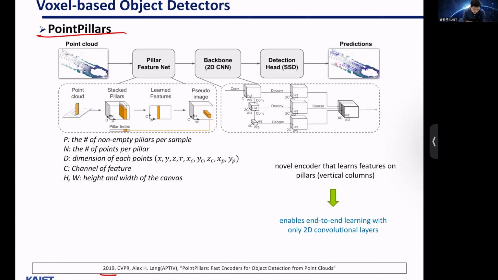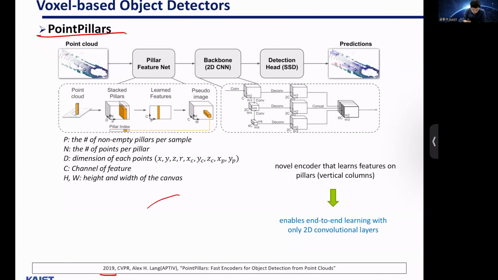So what they proposed was they're going to make the voxel in 3D space into a 2D image, 2D grid, by aggregating the vertical Z direction voxels. So that's why it's called a pillar.